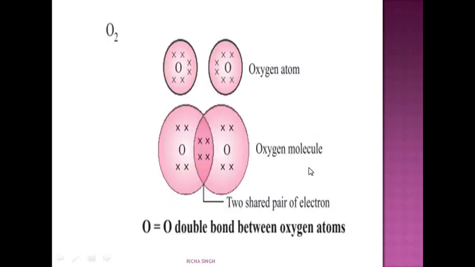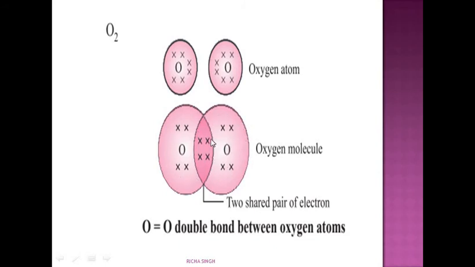Let's see the next example. Oxygen has 6 electrons in its valence shell. Very clear to you all this. So 6 and 6. So what will happen? When they share, they will share 2 pairs. 2 electrons from each atom will come in the center, and they will be shared by both atoms.